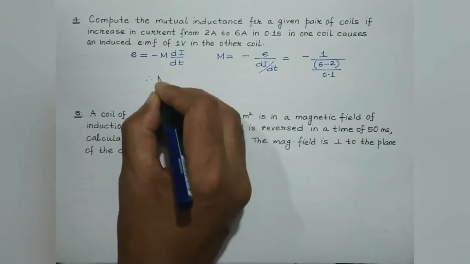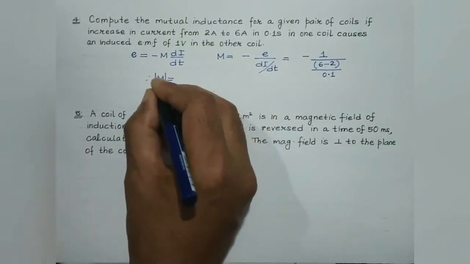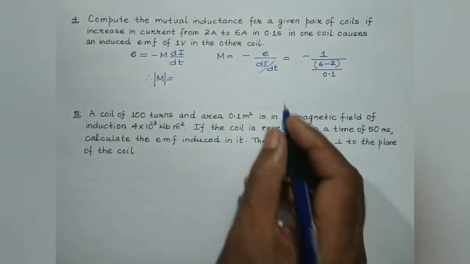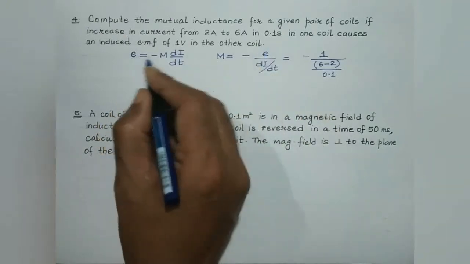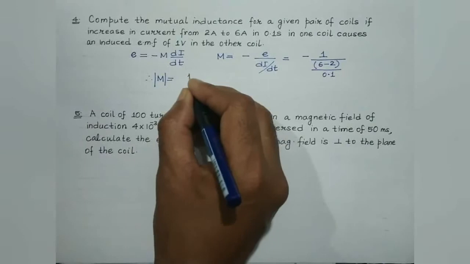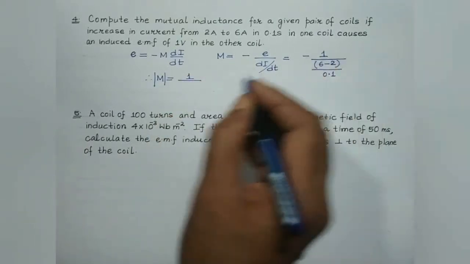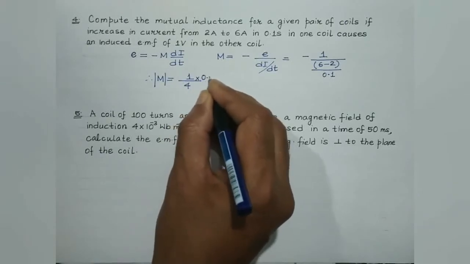Therefore, mutual inductance will be equal to, in magnitude, right? So we can avoid this negative sign. Negative signs only suggest that the EMF induced is of opposing nature. So we can consider the magnitude M. So it will be 1 by 4, and 0.1 goes in the numerator.